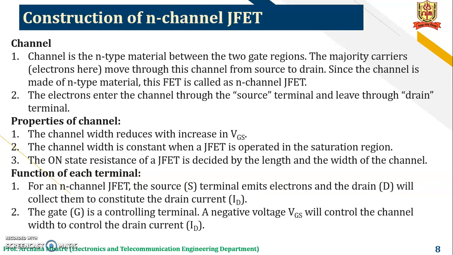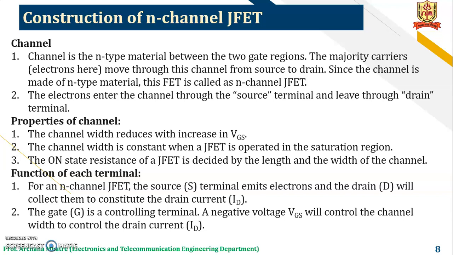Now channel. A channel is the N-type material between the two gate regions. The majority carriers, electrons here, move through this channel from source to drain. Since the channel is made of N-type material, this FET is called an N-channel JFET. The electrons enter the channel through the source terminal and leave through the drain terminal.